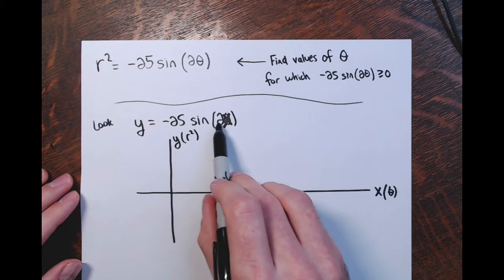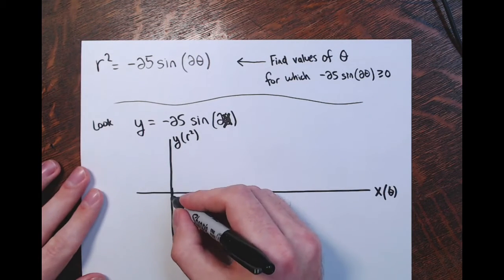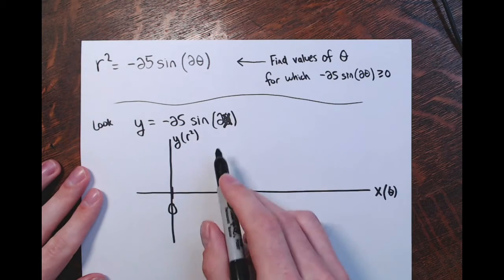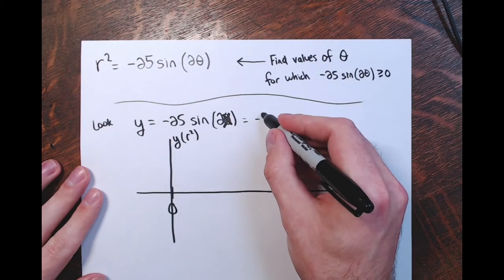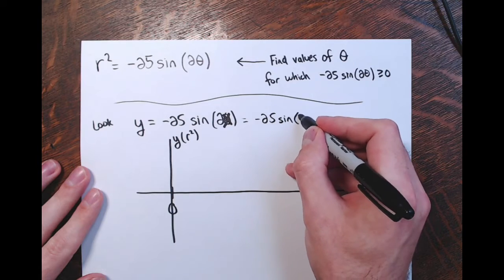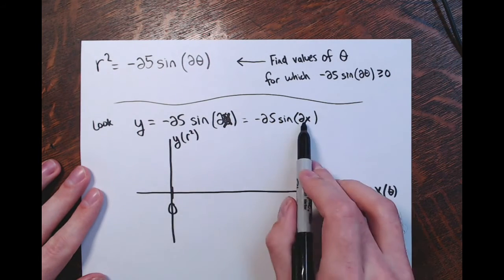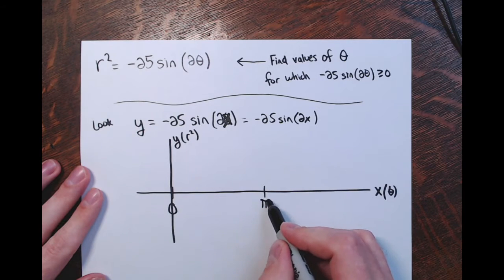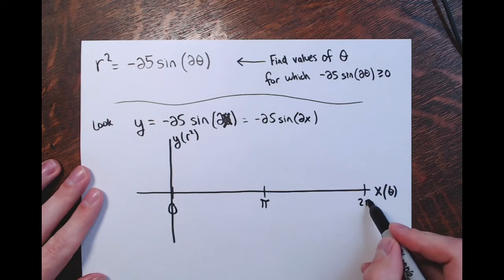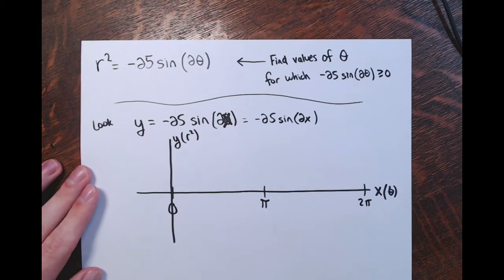Now the period of this sine of 2 theta would be pi. The sine of 2x. Well, let me rewrite this: negative 25 times the sine of 2x. This has no phase shift. The period would be pi. And so if I went to 2 pi, I'd be drawing the same graph twice.